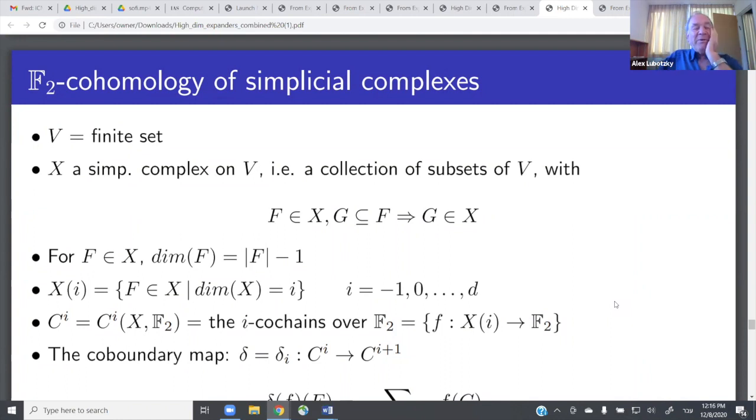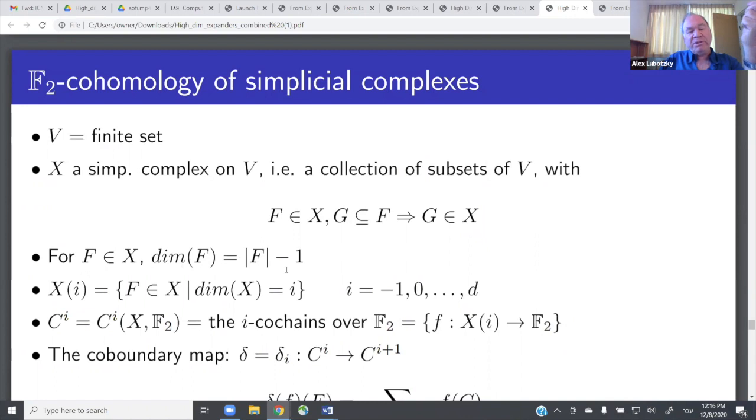Now it's not a survey, it's very technical. Okay, let V be a finite set. Let X be a simplicial complex. This is just a collection of subsets of V such that if F is in X and G is in F, then G is also in the collection. For every F in X, we define the dimension of a cell to be the size of F minus 1. So it's clear, right? If you have 2 points, this is an edge.